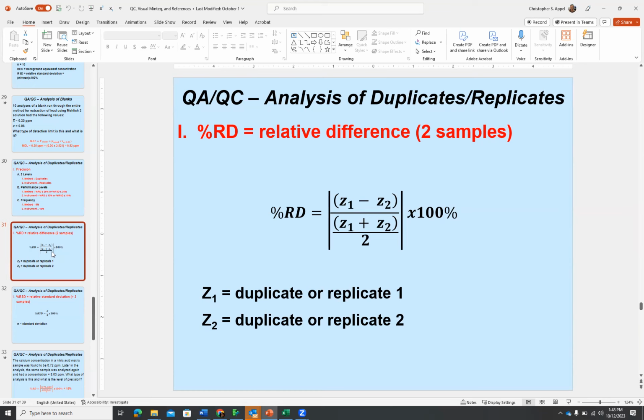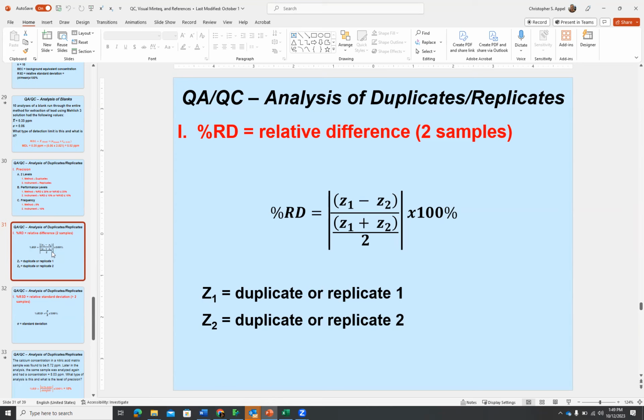To insert the absolute value into Excel, you just type in equals ABS. That will determine the absolute value of whatever comes after it, and you're going to want some parentheses. So I might do the difference between whatever my cells are.